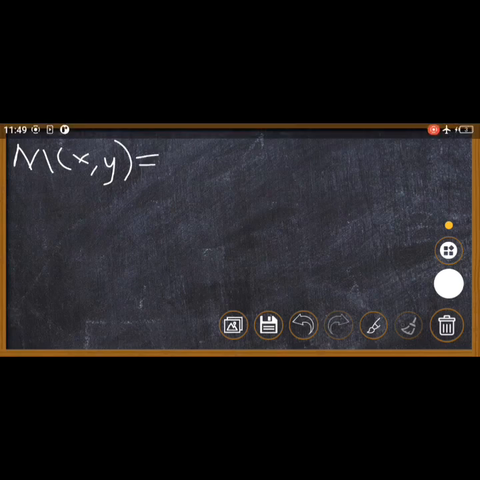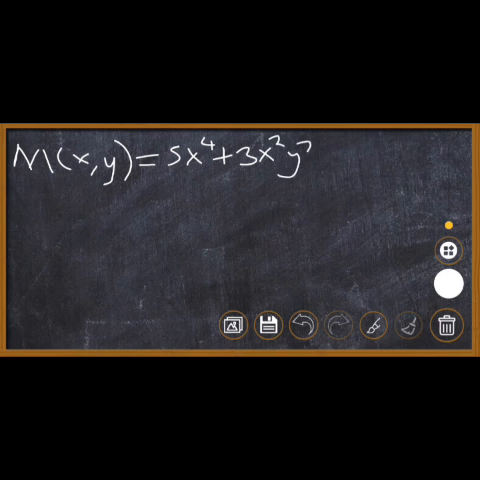equals 5x raised to power 4, plus 3x squared y squared, minus xy to the power 3. In this function, as we have been doing, we have to differentiate the function of m with respect to y.